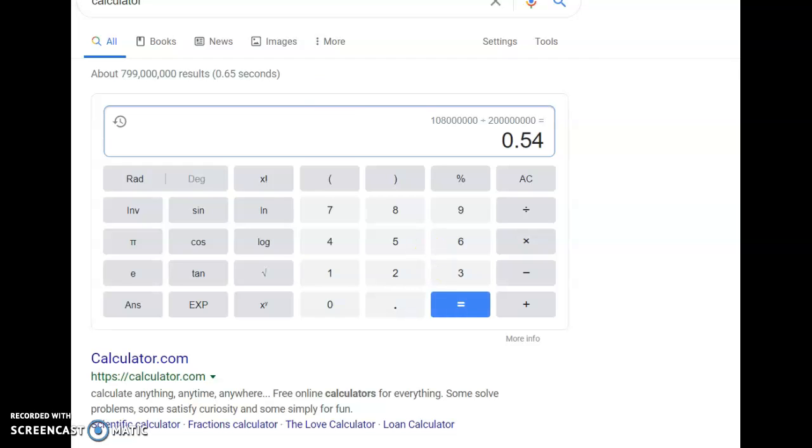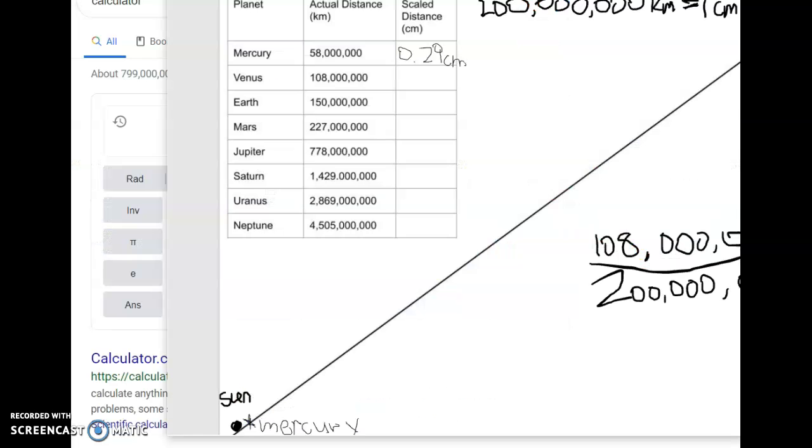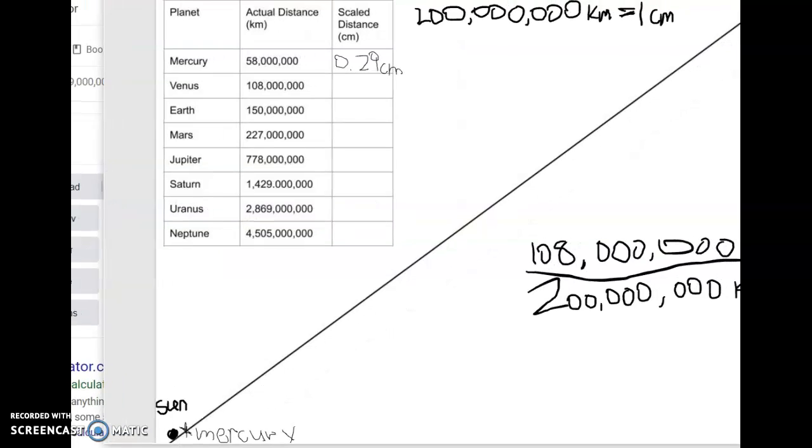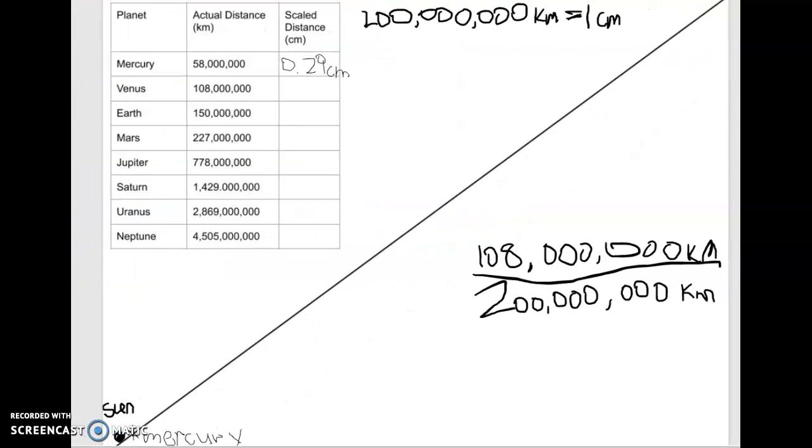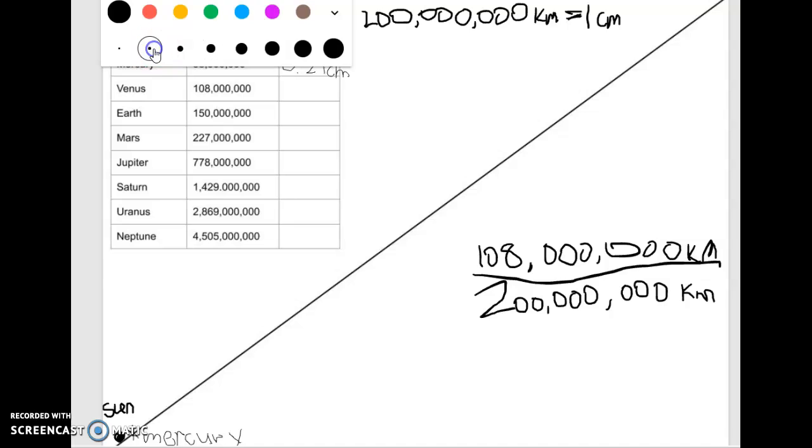Now I get 0.54. So when I come back to my drawing, I can put that in here.